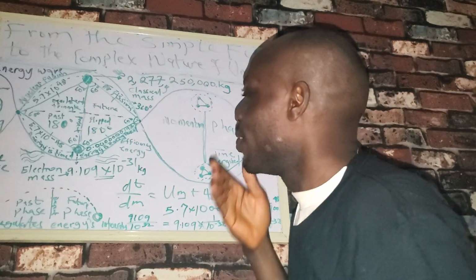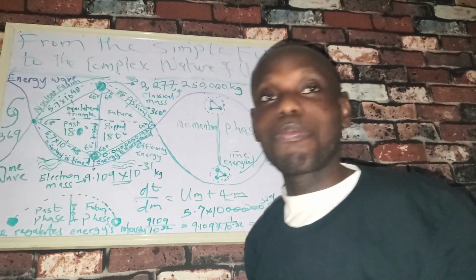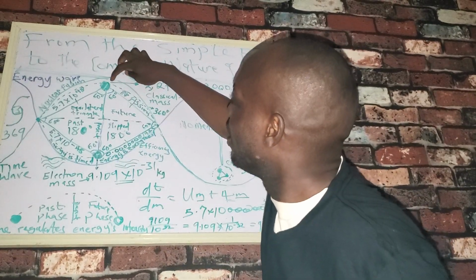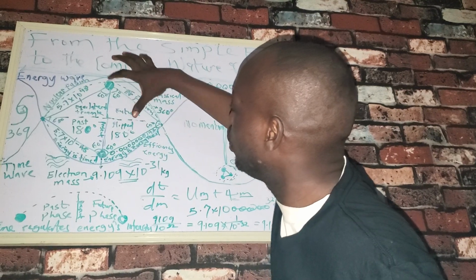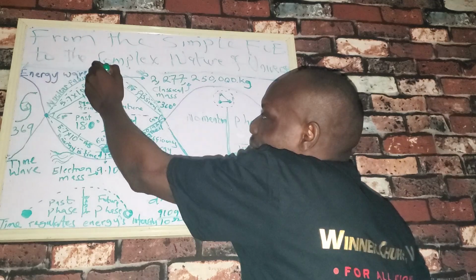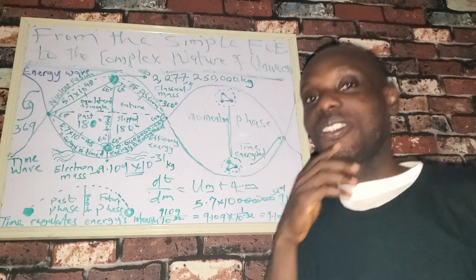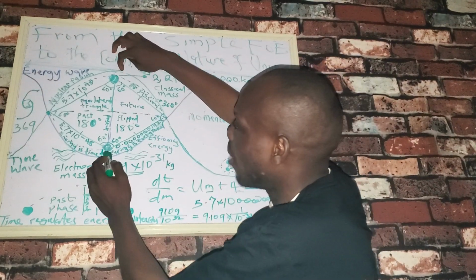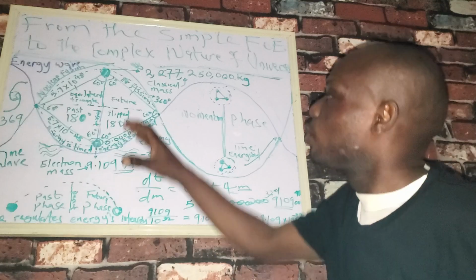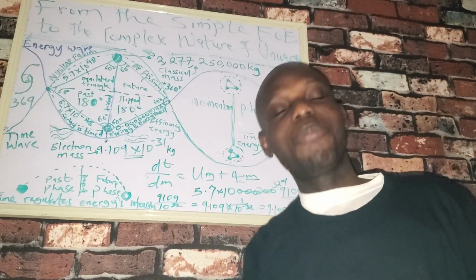Now, if we want to explain the black hole information paradox, we see that the edge of the black hole, this present phase, we can liken to the event horizon. The information we have at the event horizon is enough to tell us what will happen inside the black hole.